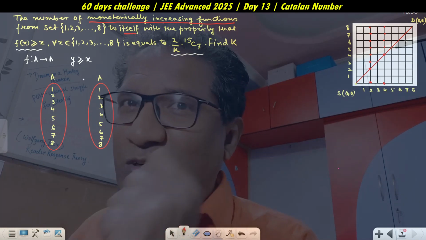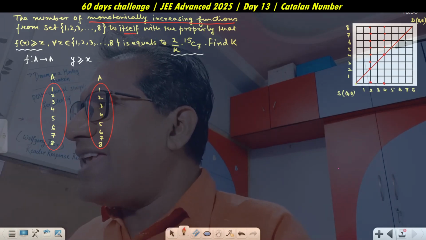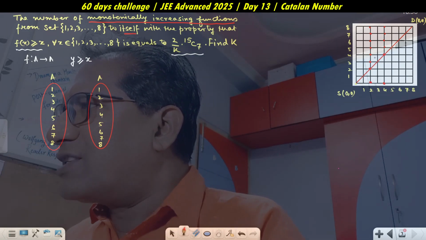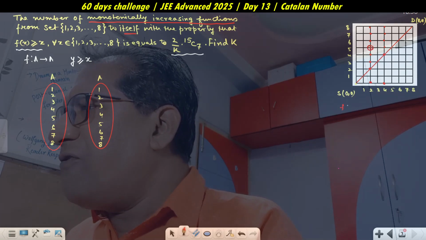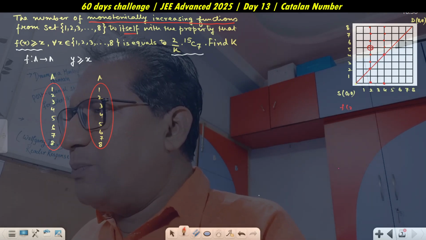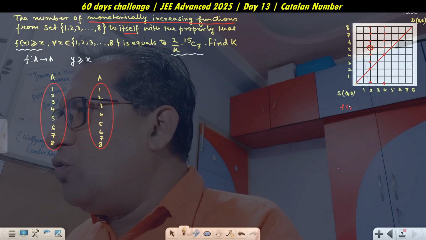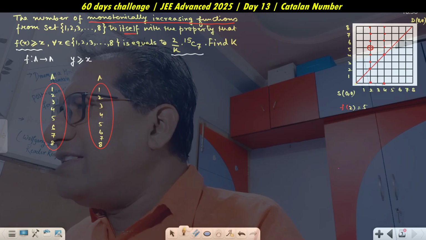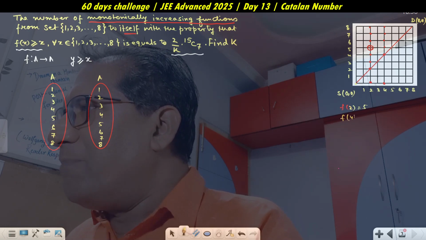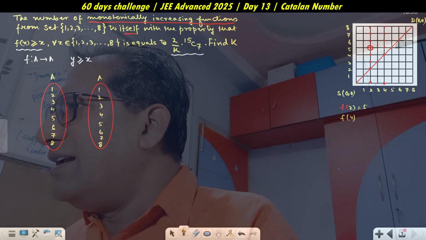But there is a twist. Let us say that your 2 is mapped to this point, that is, f(2) is basically your 5. Now let us consider f of 4. f of 4 is, let us say 7.